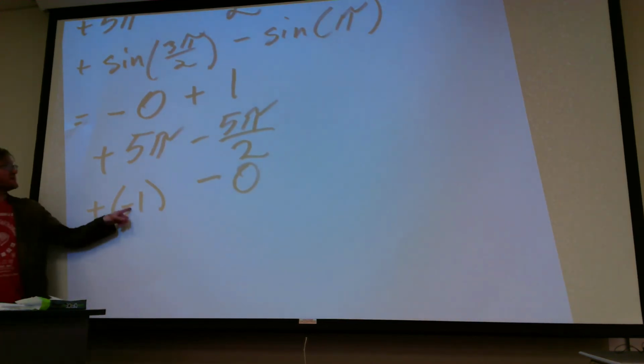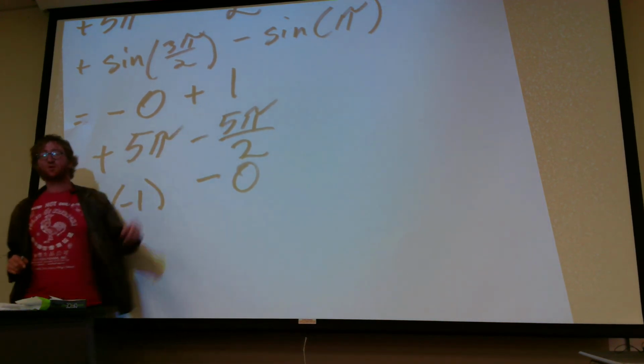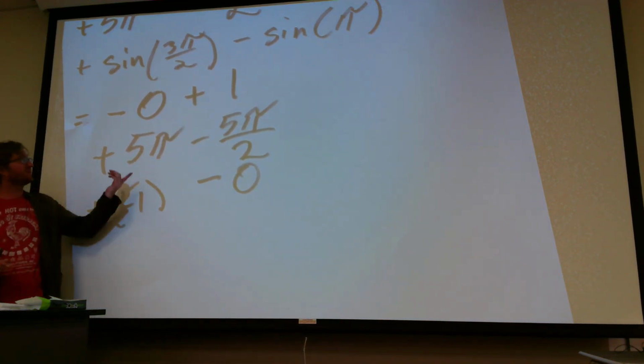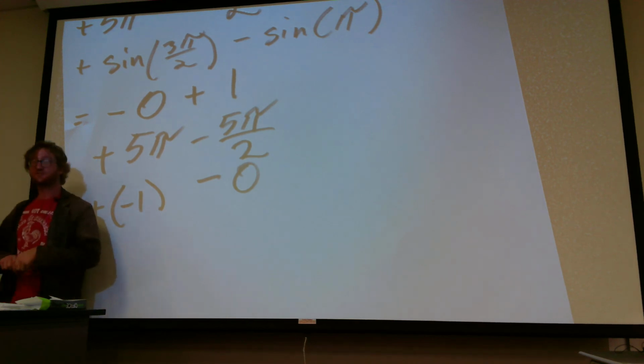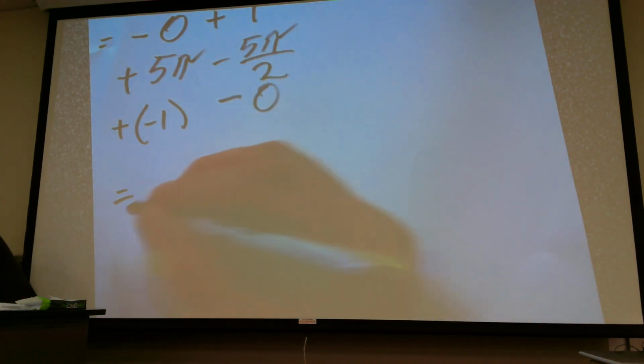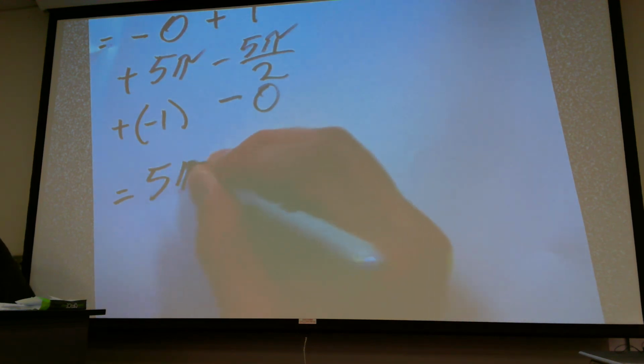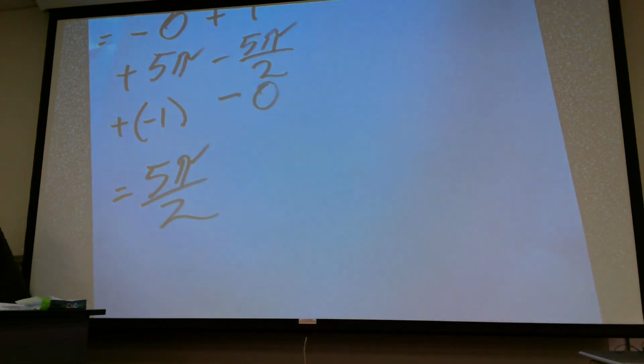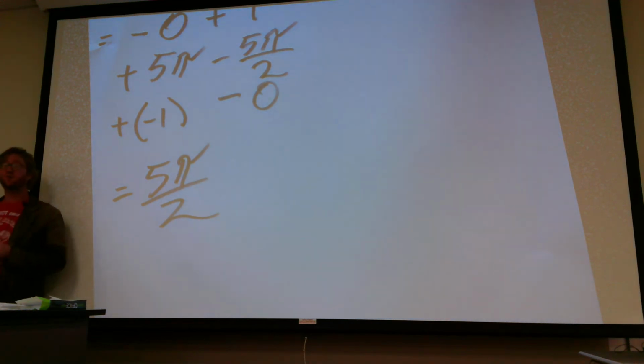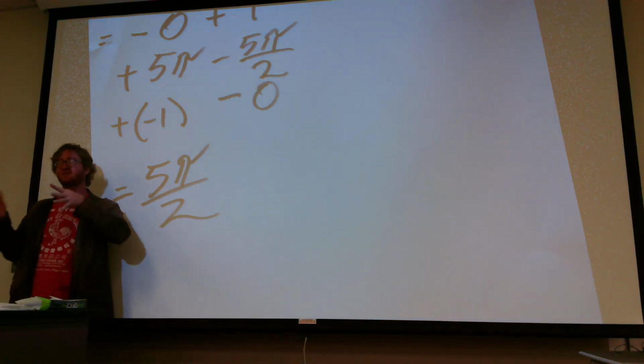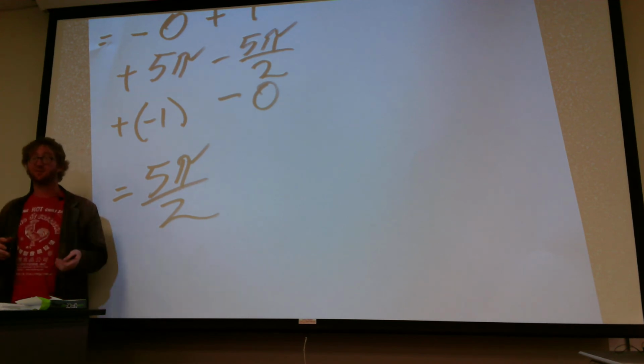And so this negative 1 and that positive 1 are going to cancel each other out. What we are left with is 5 pi minus 5 pi over 2, and so the answer to our problem ends up becoming just 5 pi over 2. So when we do this integral, we just get the area of that rectangle that was in the middle, because the other two areas are going to cancel each other out.